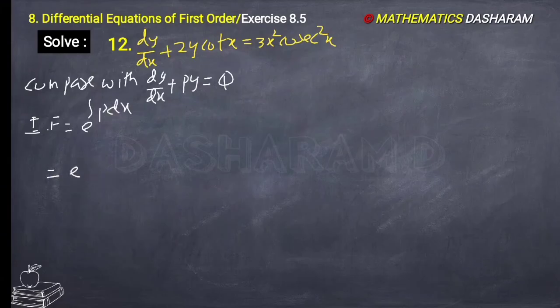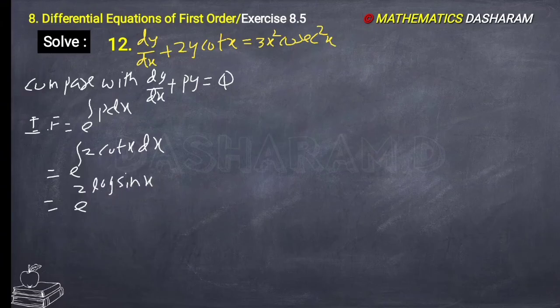So e to the power of integration, the p value is 2 into cot x, then e to the power of 2 into log sin x, e to the power of log sin square x, then e and log cancel, then sin square x.